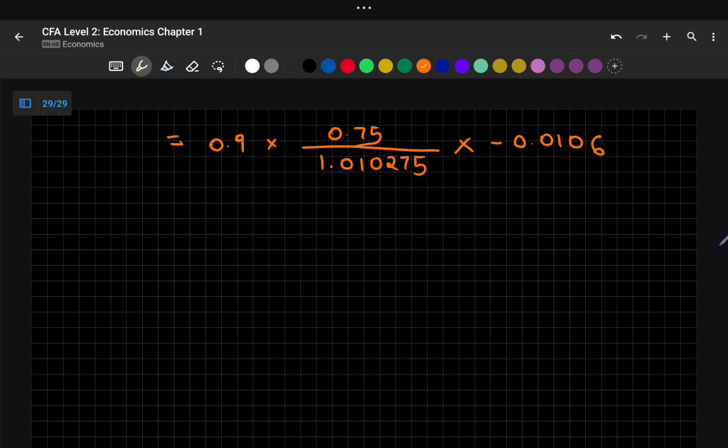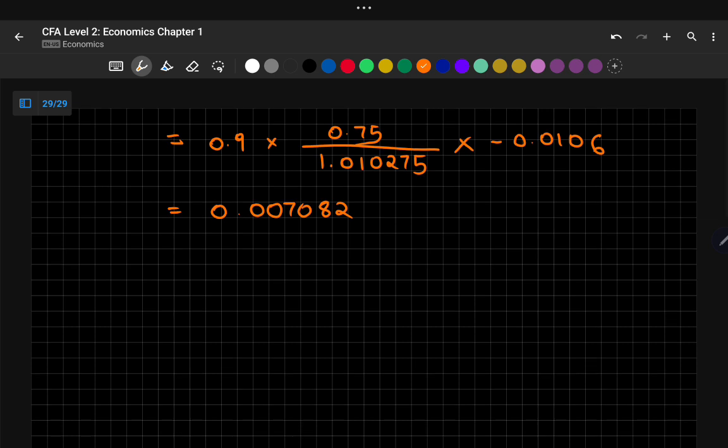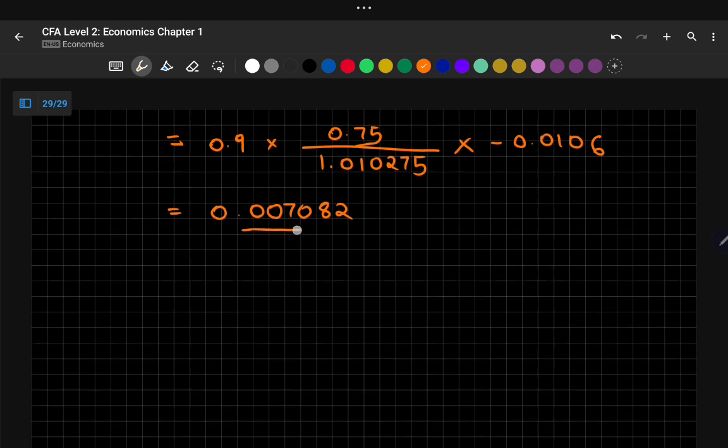Now multiplying all these together and dividing, I'll get the answer as 0.007082. So this is the decimal price. Sorry, here a negative is also there. This is a negative. Okay.